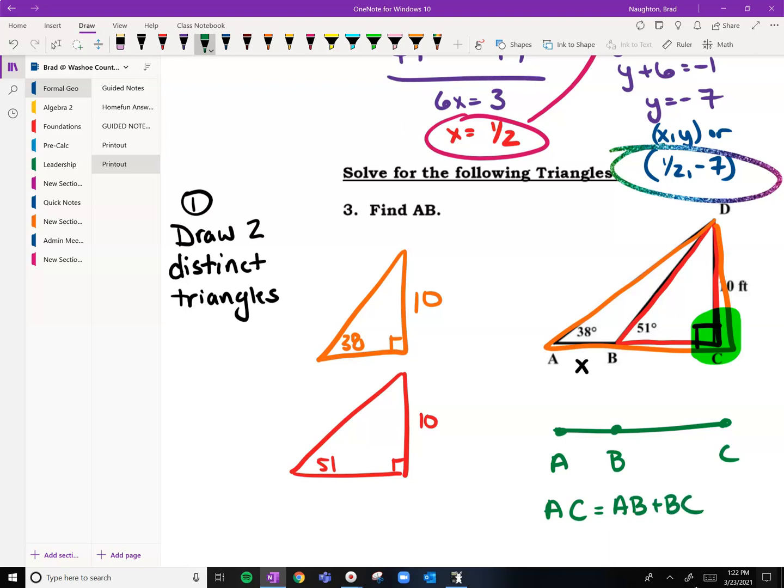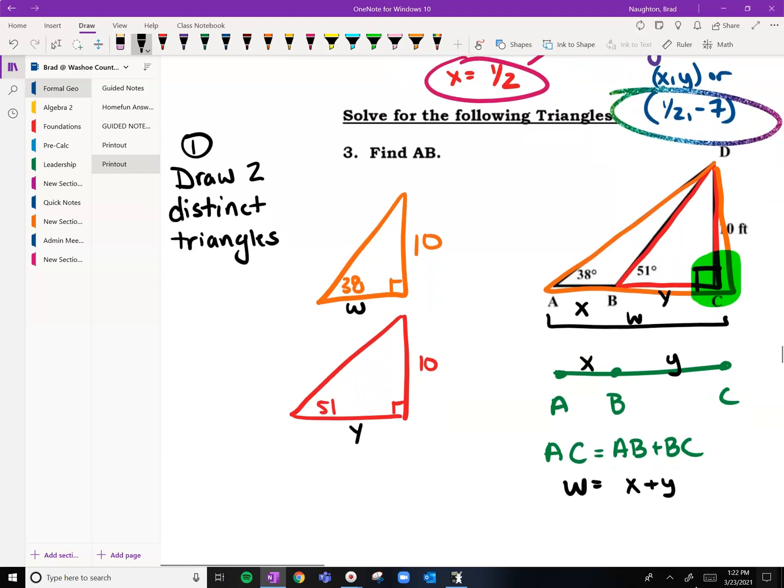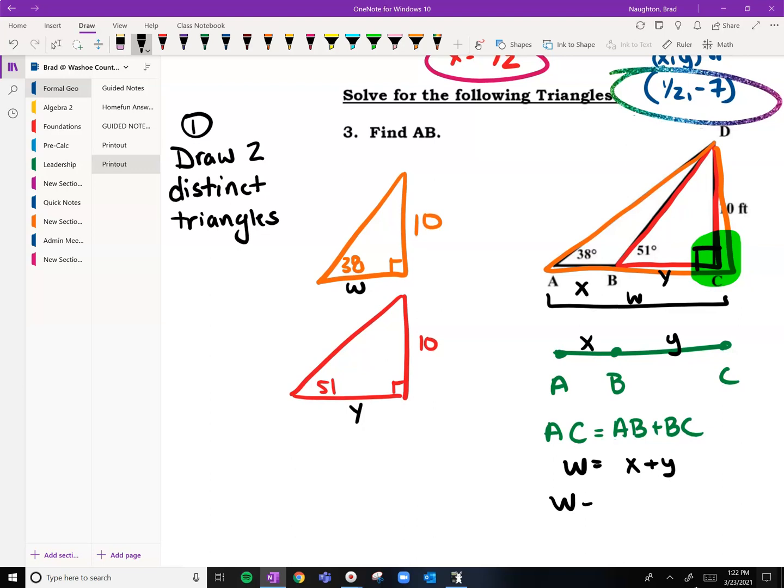To find this part, this X, if I find BC, which is Y, then this whole thing A to C is W, and BC, which is part of this red triangle, is Y. So really W is equal to X plus Y, so we could say that W minus Y is equal to X.